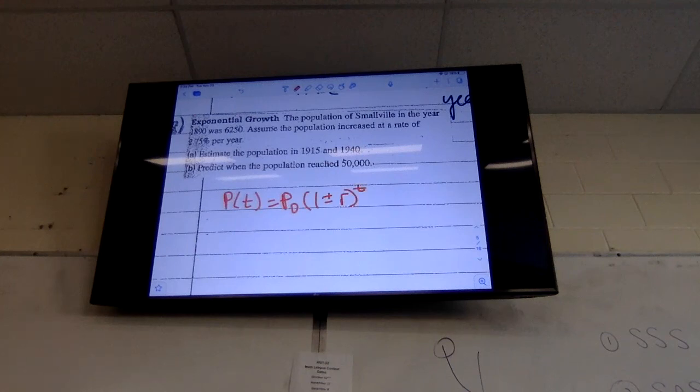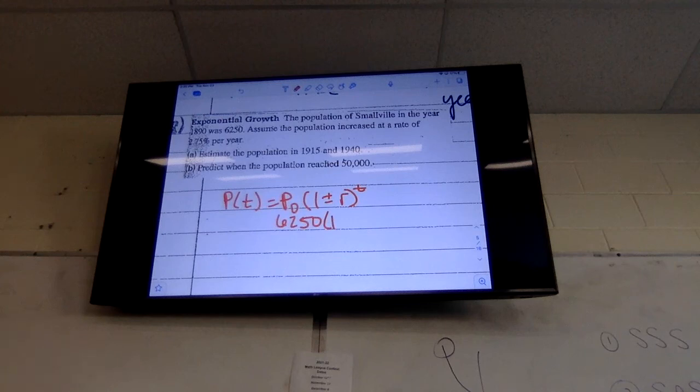The problem says the population of Smallville in the year 1890 was 6,250. Assume the population increased at a rate of 2.75% per year. What goes in for my P sub 0? Good, 6,250.